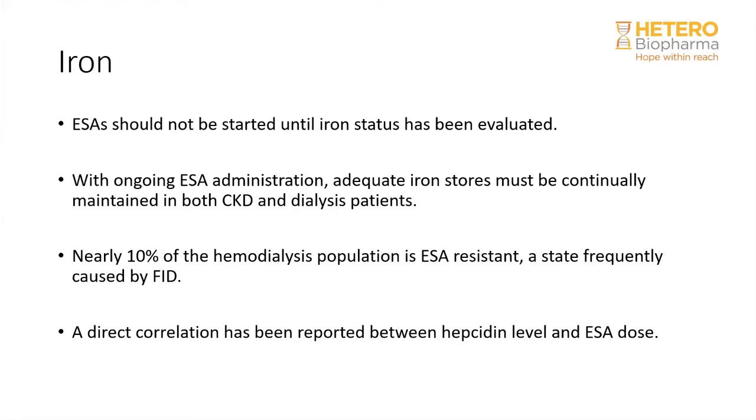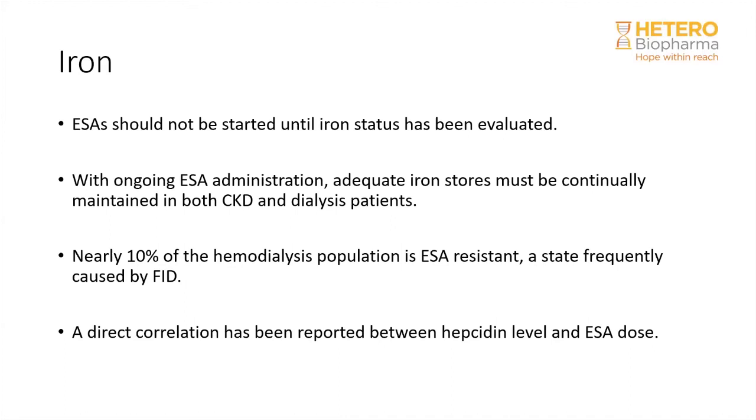Nearly 10% of the hemodialysis population on erythropoietin who have been diagnosed as ESA resistant, that is, erythropoietin stimulating agent resistant, also have functional iron deficiency. Functional iron deficiency, as we know, is someone with a TSAT of less than 20% but a ferritin of more than 500. So you have a normal or high ferritin but a low TSAT, and that's where you think there is a functional iron deficiency.